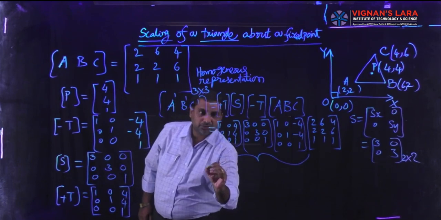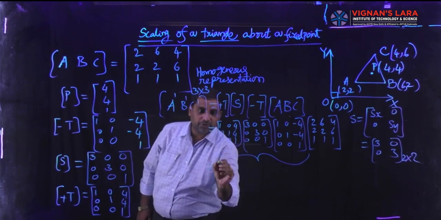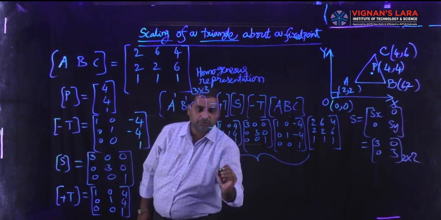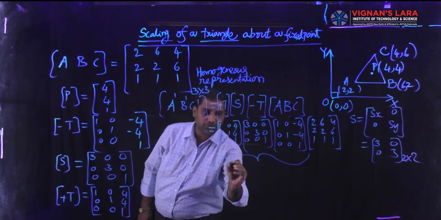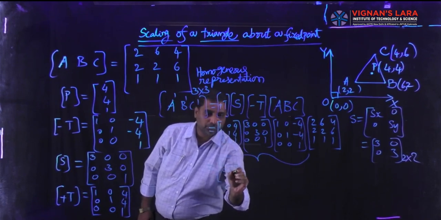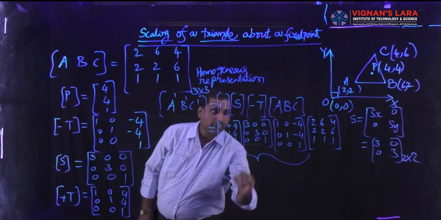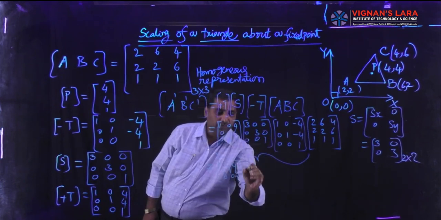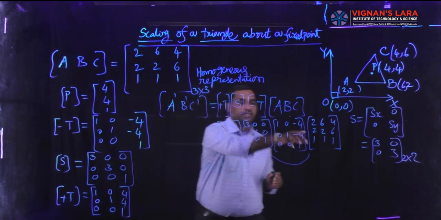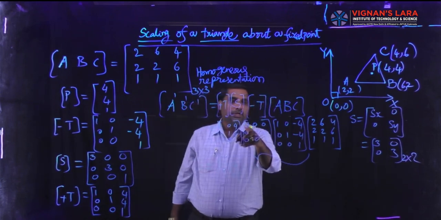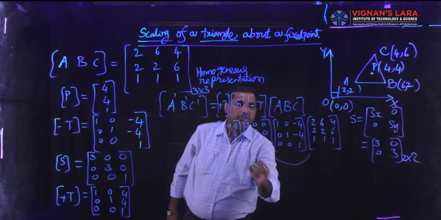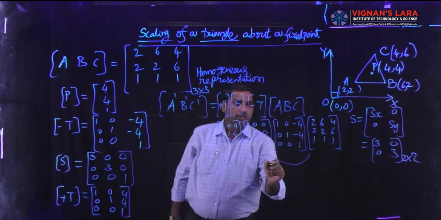Okay, right. For getting the concatenated matrix, I am keeping this one as it is: 1 0 4, 0 1 4, 0 0 1. Next I will multiply these two matrices. Multiply this one, you will get 3 first. Next multiply this one, again 0.